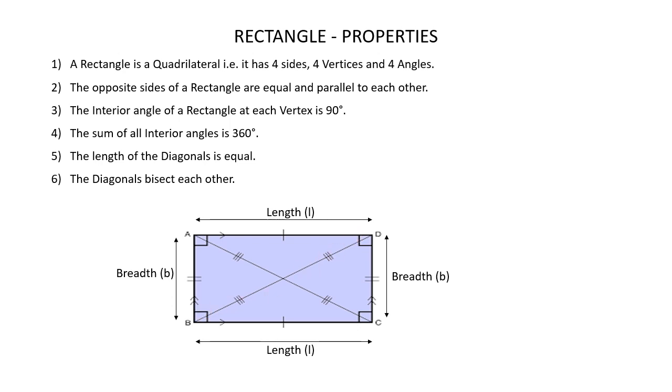Now these two diagonals bisect each other, which means each of the diagonals bisects the other diagonal into two equal halves. Now since the length of the two diagonals are equal, it clearly means that each of the halves of the diagonals are equal to each other.